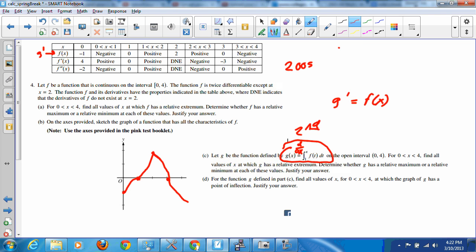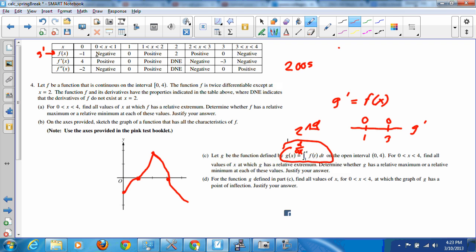So if we think about this sign chart of g prime, we have a critical point at 1. Moving along at 2, it's equal to 2, so there's no critical point. But then at 3, g prime is equal to 0, so we have another critical point.